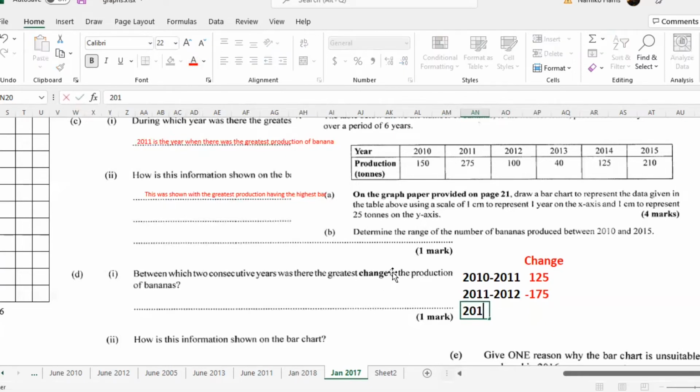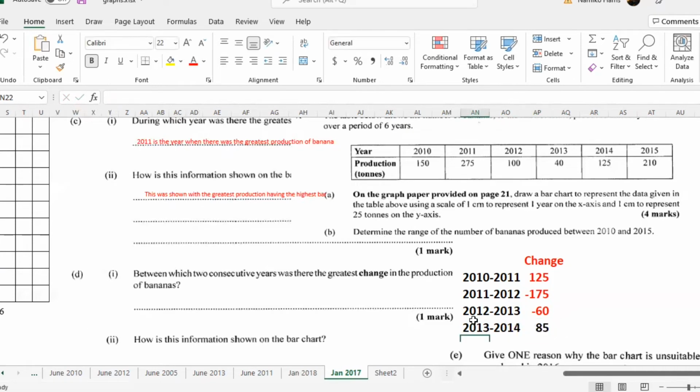Now we're moving from 2012 to 2013. What we had was 40. So now we're moving from 100 tons to 40 tons. So it is 40 minus 100. So there was a decrease from 2012 to 2013 of 60 tons. Now moving from 2013 to 2014, what we have is 125 minus 40.